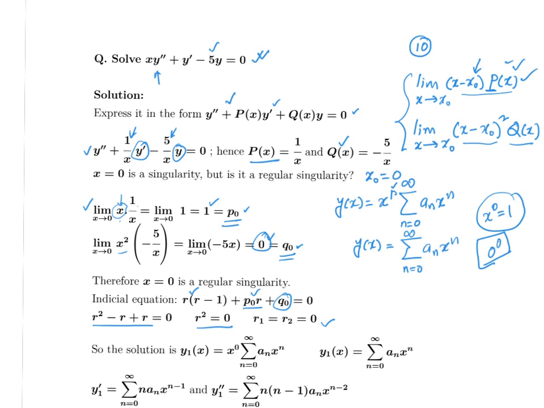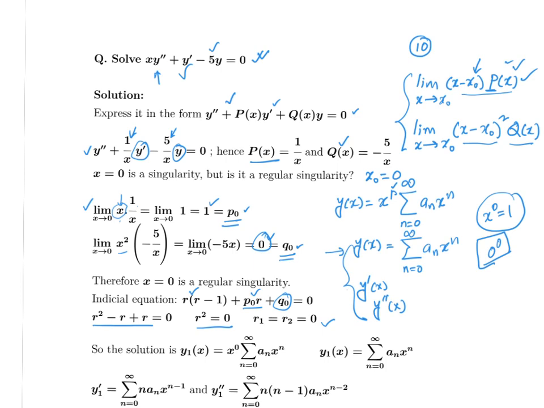So let's go ahead and solve it. But in another problem that I worked on, I actually took this y and found y prime and then y double prime, and then I took these three values and plugged them into the original equation and then manipulated the power of x so that I can combine the summations, which you will see shortly.